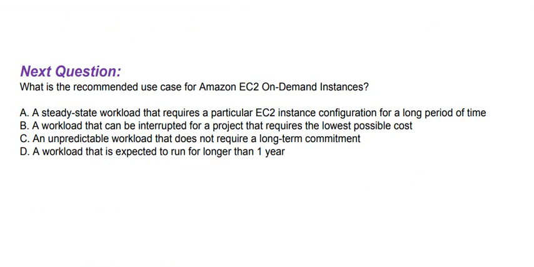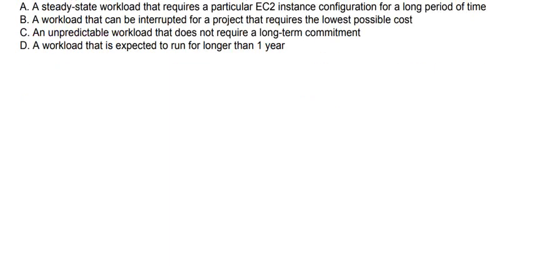Option C, an unpredictable workload that does not require a long-term commitment. And option D, a workload that is expected to run for longer than 1 year. The correct answer is option C.